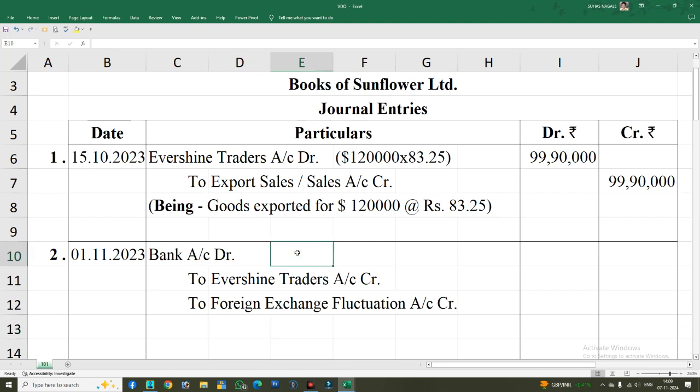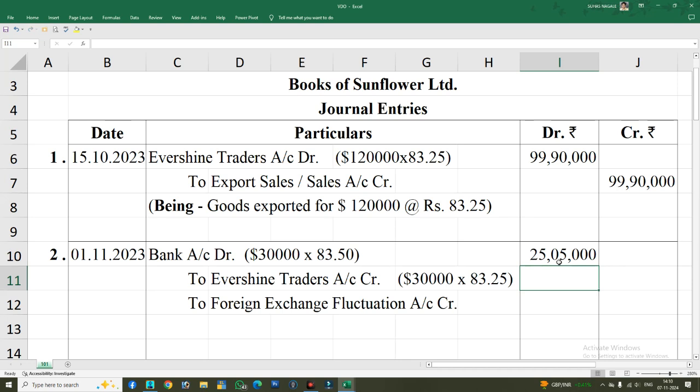Same as per the previous entry, we have to record for our reference $30,000 into 83.50. Again $30,000 and the base rate 83.25. Now we can easily calculate the amount: 30,000 into 83.50, and $30,000 into 83.25.